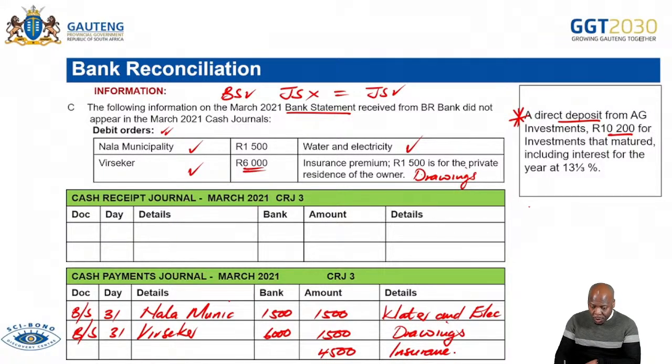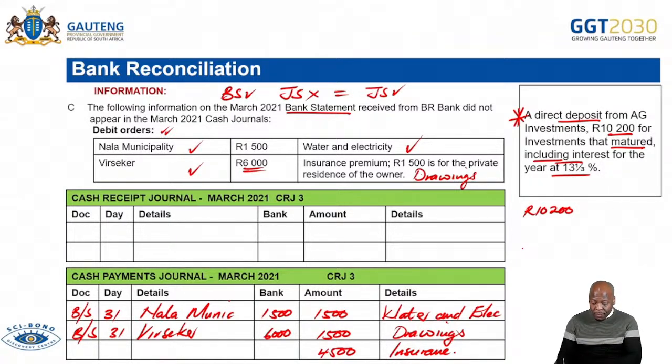So we received in total 10,200. We're told this is for an investment that matured, so it's 2 things here. There's an investment that has matured, but it also includes interest for the year. And the interest is at 13.33%.